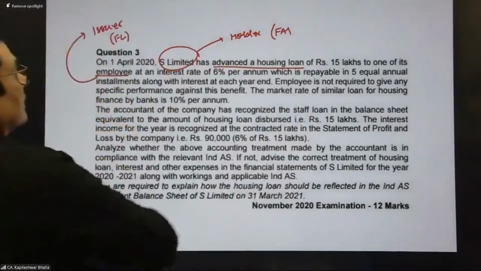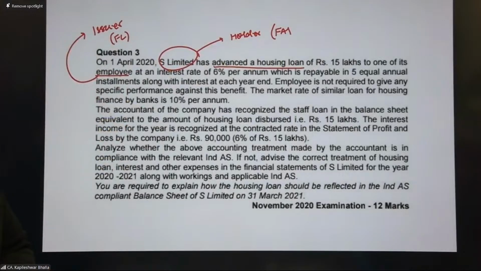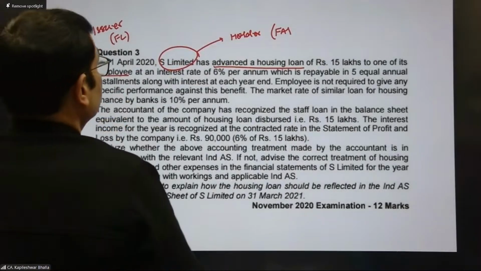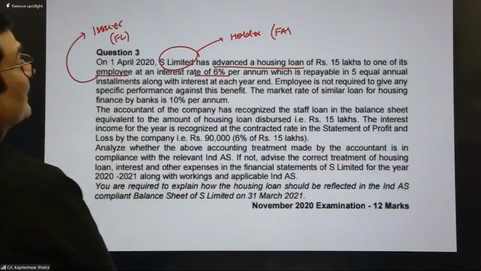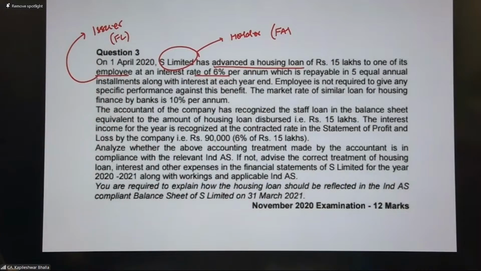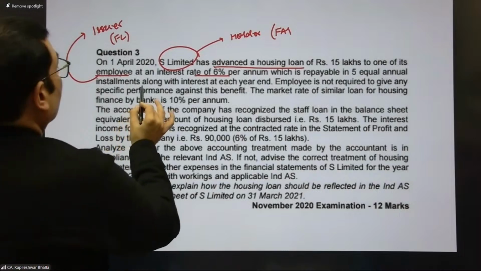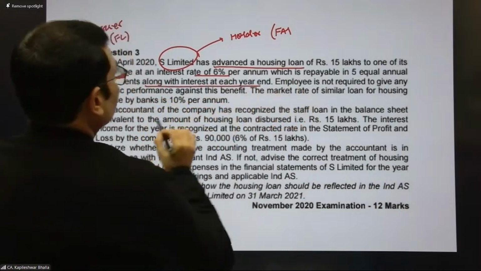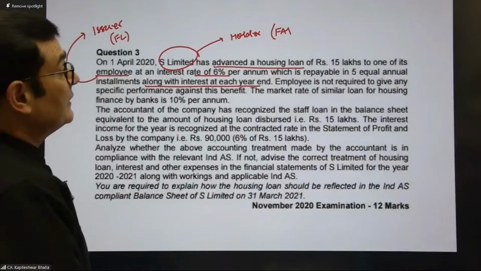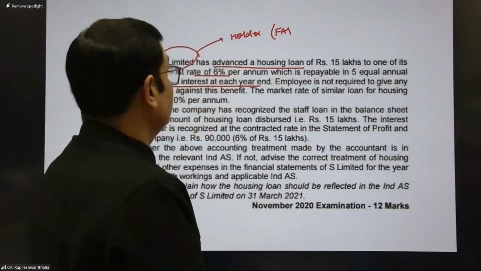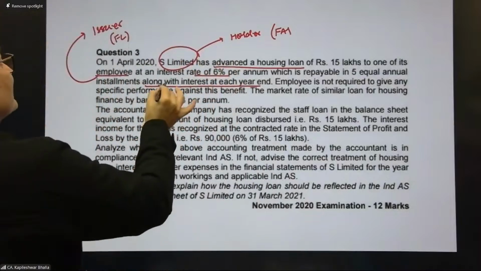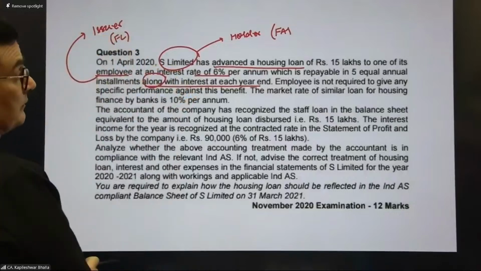Accounting, of course, will be asked in the books of S. It says this is at a rate of interest 6%, which is a contracted rate, repayable in 5 equal installments, along with interest at the end of each year. Now watch this carefully. It says the loan is repayable in 5 equal annual installments plus an interest.